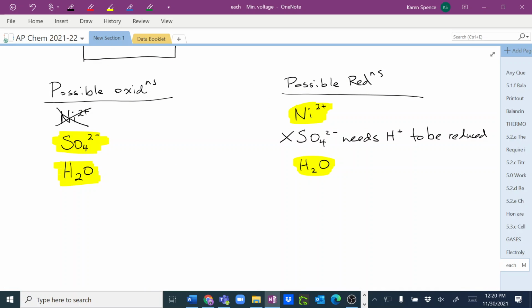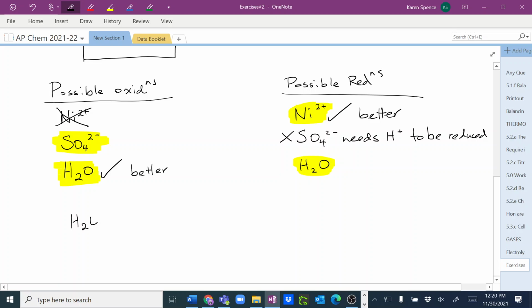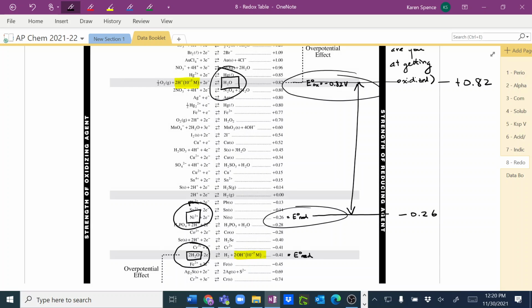If you don't like it though, just go with the formula. So we decided that water is better, and in this one, it was nickel that is better. So our oxidation will be H2O, and then I would have to go back to my data booklet.